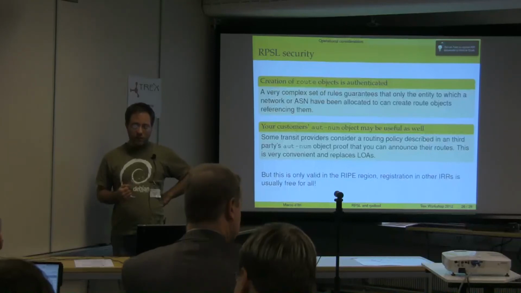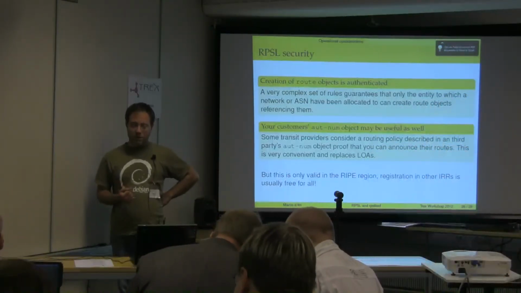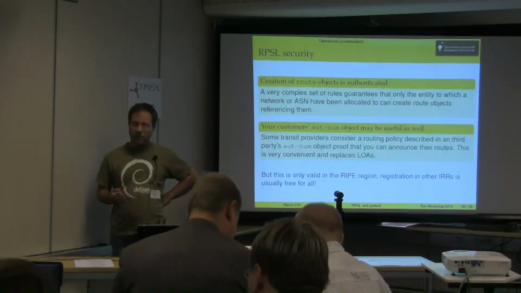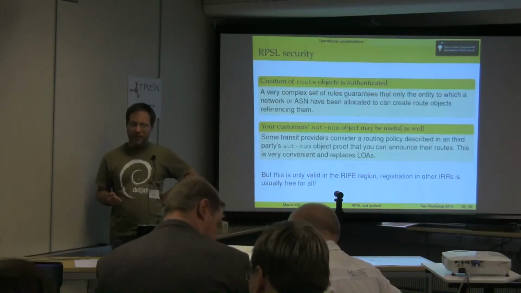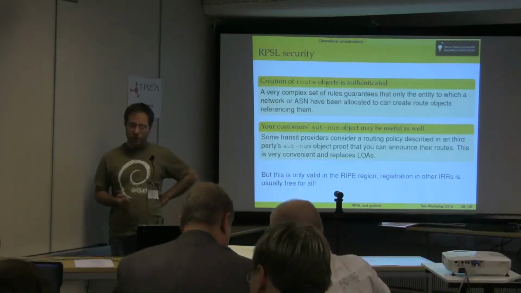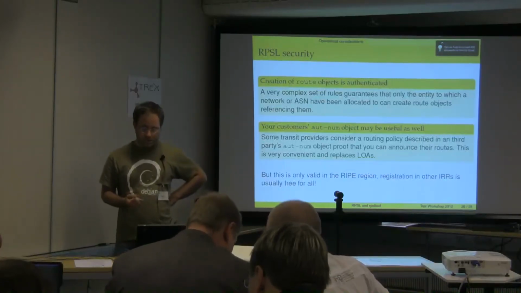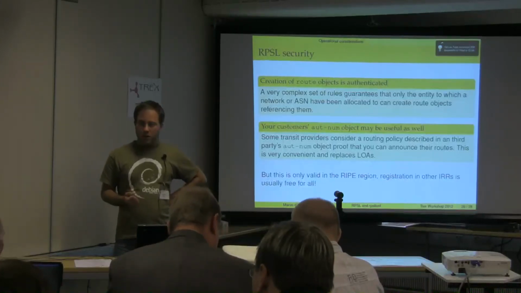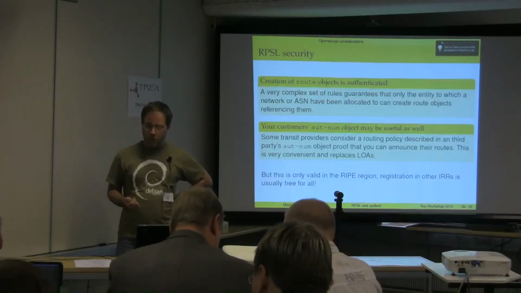And aut-num objects can also be useful for documentation purposes for your transits. As an example, Cogent's NOC can look at the aut-num objects of your customer and they will use this to decide if you are allowed to announce their routes or not. But this only works in the RIPE region because most other IRRs do not support the authorization rules, and everybody is allowed to create new objects.